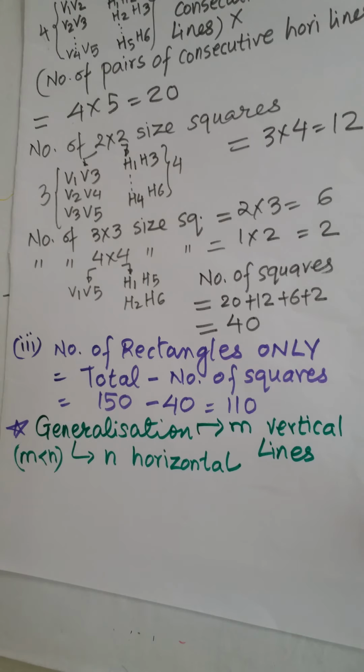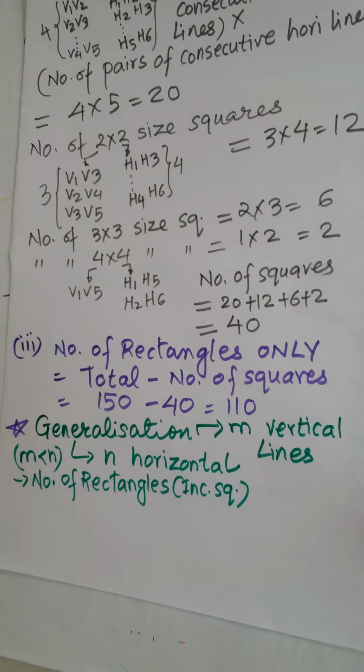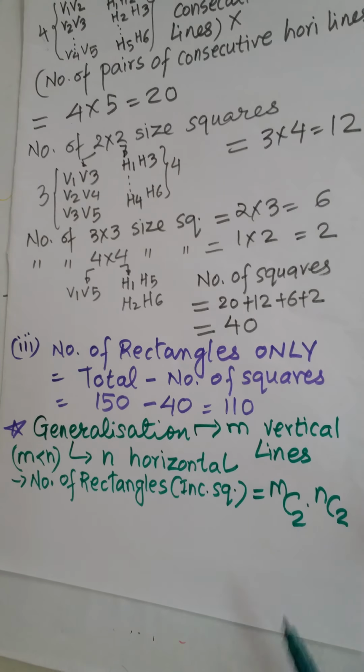For the number of rectangles including squares, see what we did: 5c2 into 6c2. So can we do mc2 into nc2? Selecting any two vertical lines and any two horizontal lines and multiplying them gives us the total, which is the number of rectangles including the squares. So yes, it can be generalized and extended. So mc2 into nc2 it can be written.